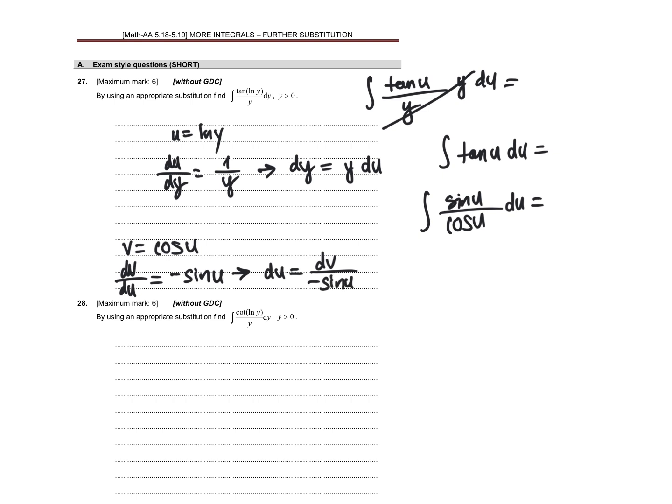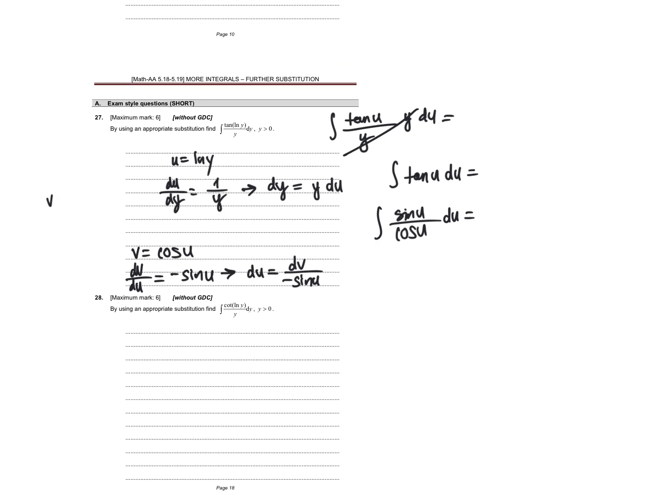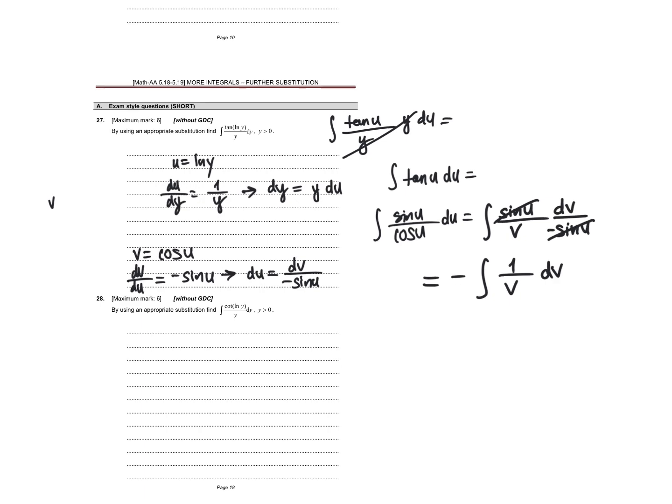Sometimes that was kind of just luck when I used cosine to be v, because the signs will now cancel. So let's just rewrite this. Sine u over v, dv over negative sine u. So this and this cancel. So this is going to be negative 1 over v dv. I'll come back to that one just a second.